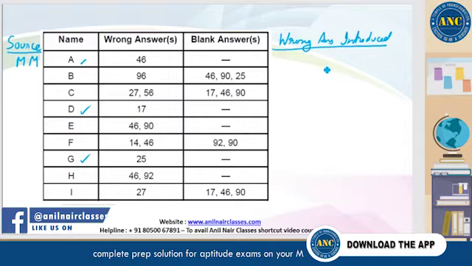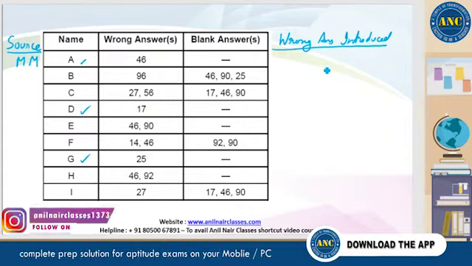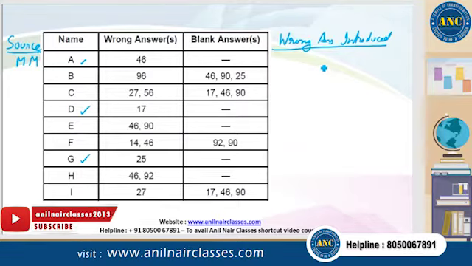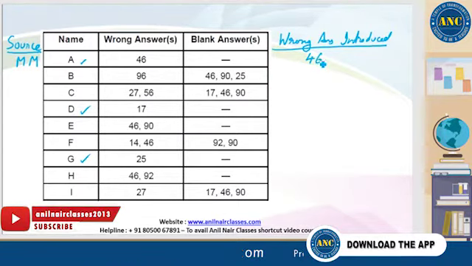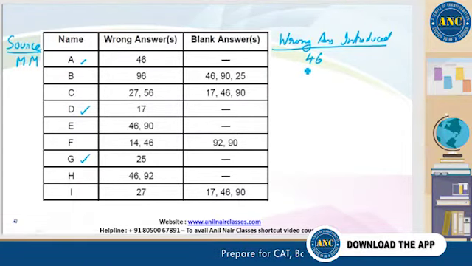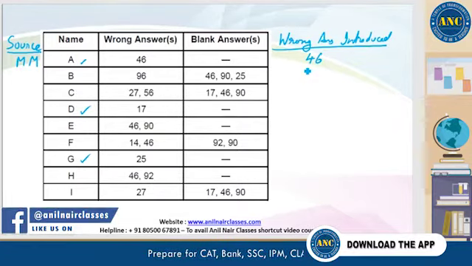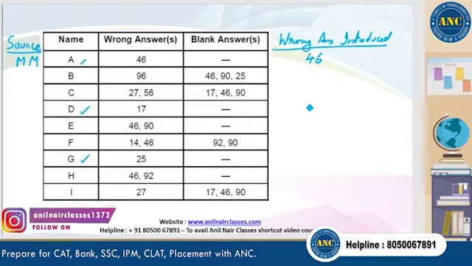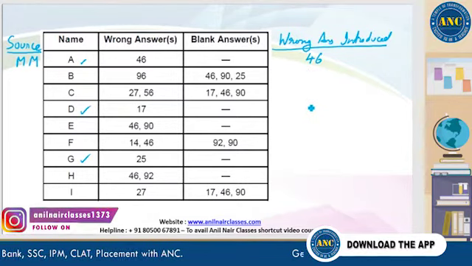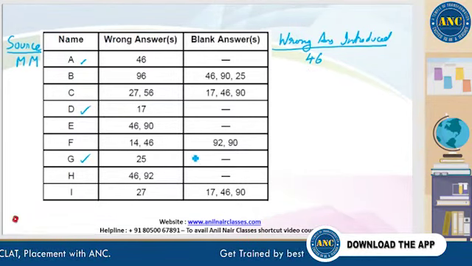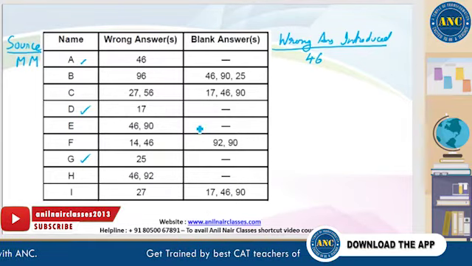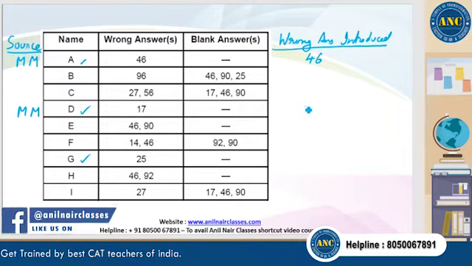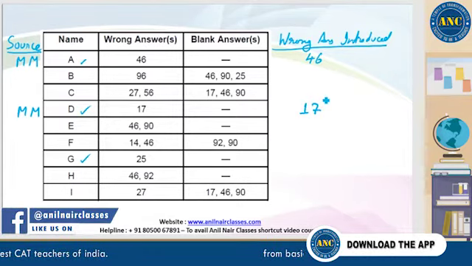If A copied from the mastermind, A would have copied all the answers from the mastermind and got one wrong answer, question number 46. That means for question number 46, A would have copied it right and thereafter changed the answer option for that question. That's why no blank. Likewise, D would have also copied from the mastermind and left question number 17 as blank.